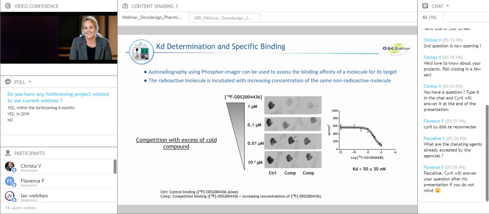So you will have a slice with different concentrations of your cold compound that you compete with your radioactive compound, and you can determine the specific binding and the KD. So in this case, with the KD that were above 50 nanomolar.